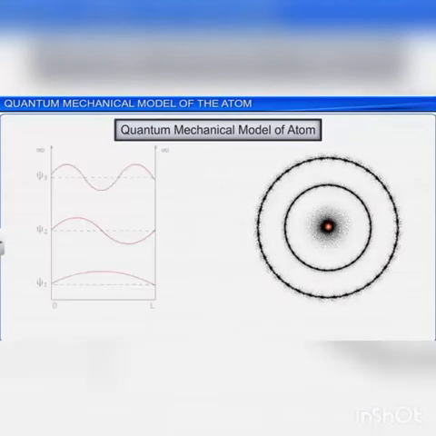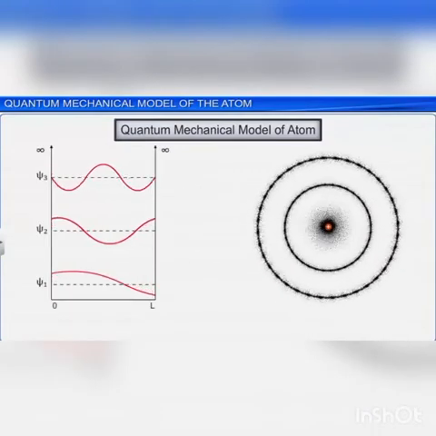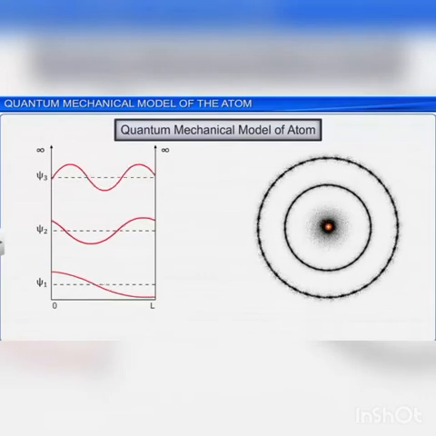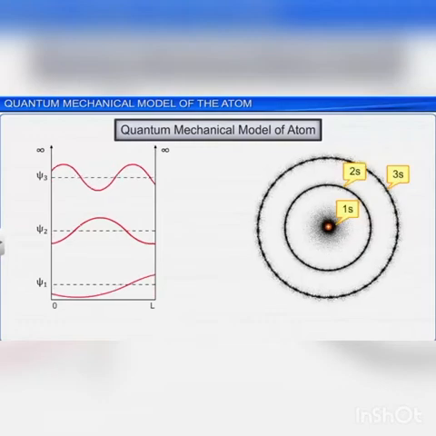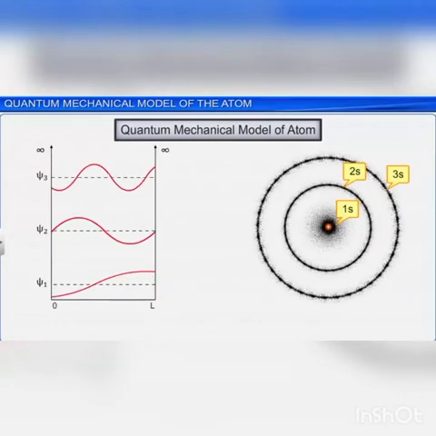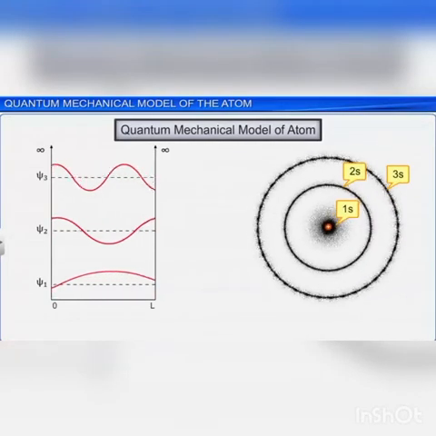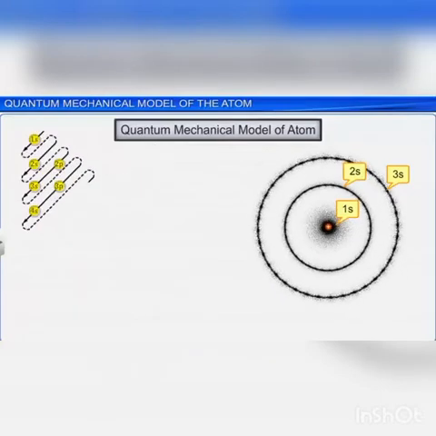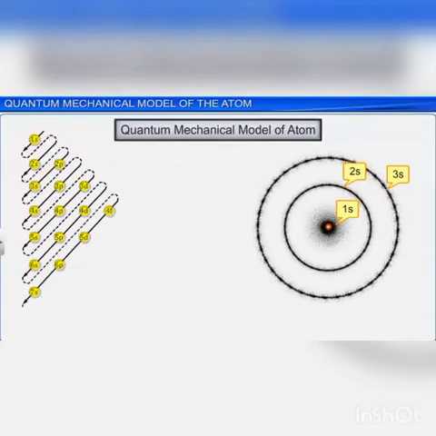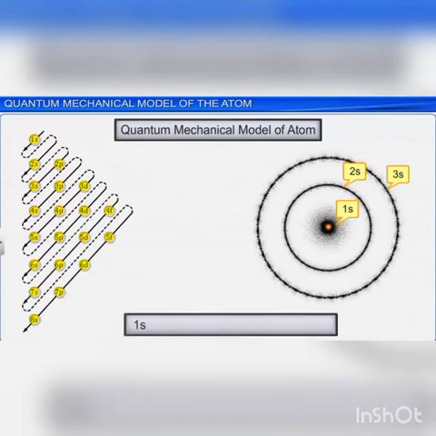There are multiple atomic orbitals in an atom, as an electron can have many wave functions, each of which contains a maximum of 2 electrons. In a multi-electron atom, the electrons are filled in various orbitals in the order of increasing energy.